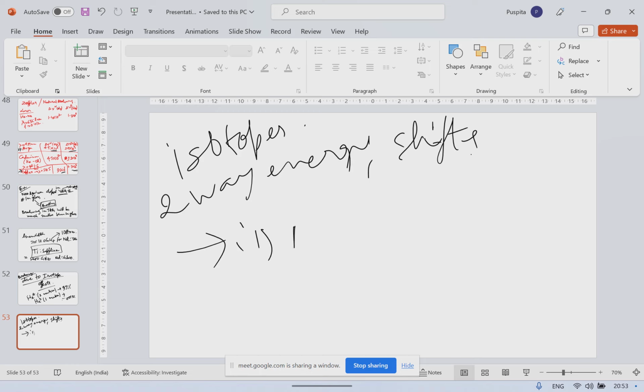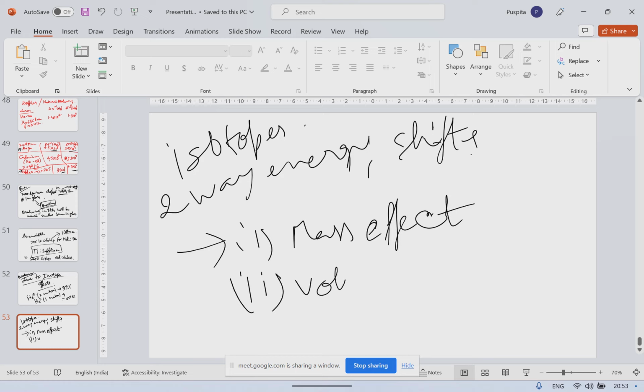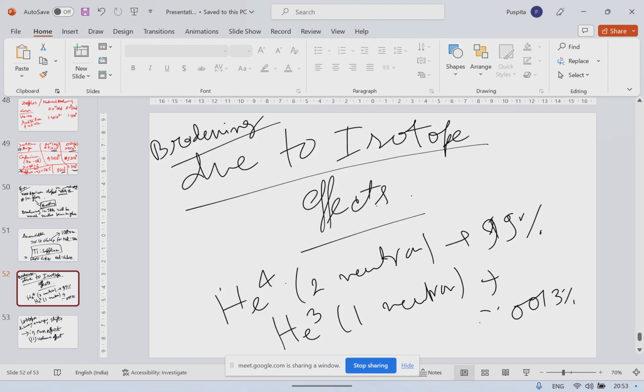One is the mass effect, and another is the volume effect. So when the isotope changes, one has two neutrons, another has one neutron.